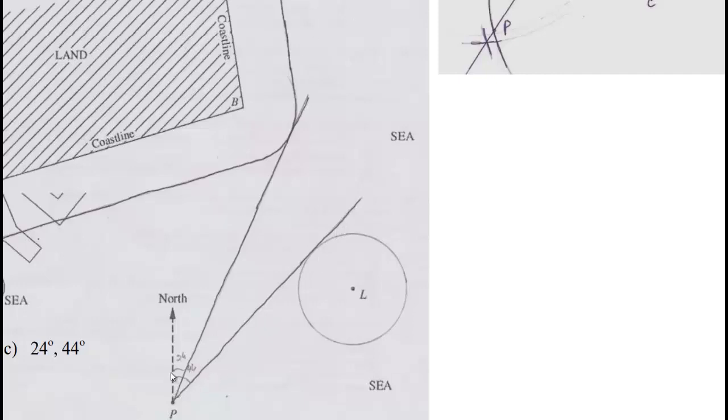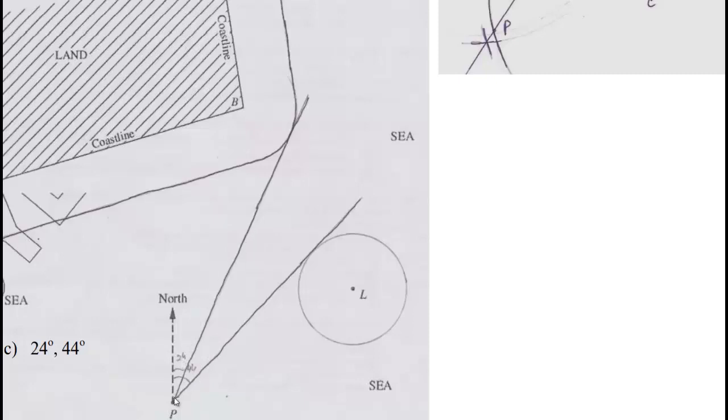Then we calculate with the help of a protractor the angle from this north line, and it should be clockwise to both of the lines. So the first angle is 24 and the second angle is 44. So the bearing would be 24 and 44.